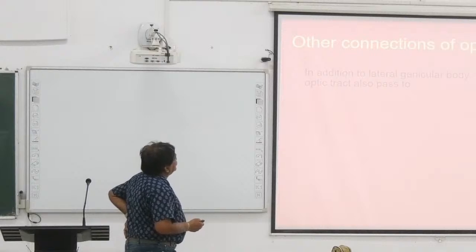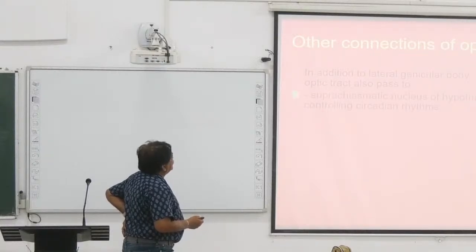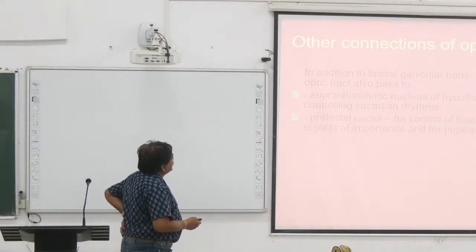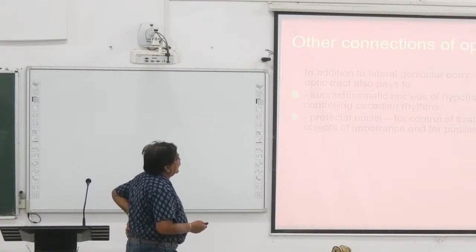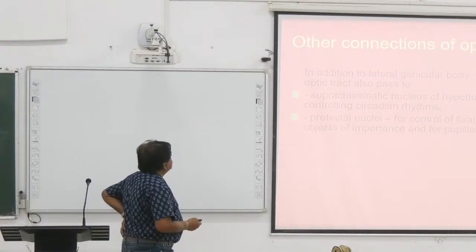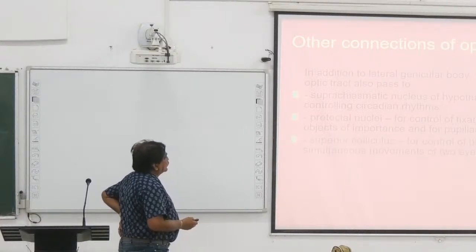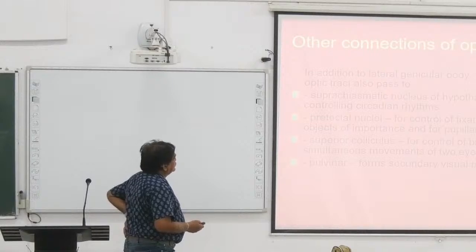In addition to the lateral geniculate body, fibers from the optic tract also pass to the suprachiasmatic nucleus of the hypothalamus for controlling circadian rhythms, the pretectal nucleus for control of fixation of eyes on objects of importance and the pupillary light reflex, the superior colliculus for control of bilateral simultaneous movements of the two eyes, and the pulvinar, which forms secondary visual pathways.